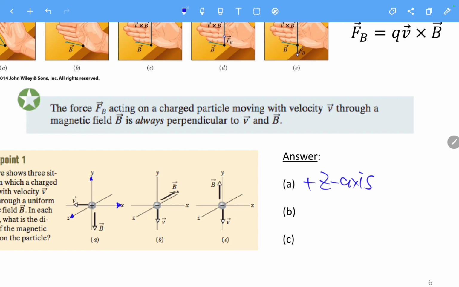E cross B should be the positive x direction. And then for the third one, they point in opposite directions, so this is a zero vector. There is no direction. This is a zero vector.